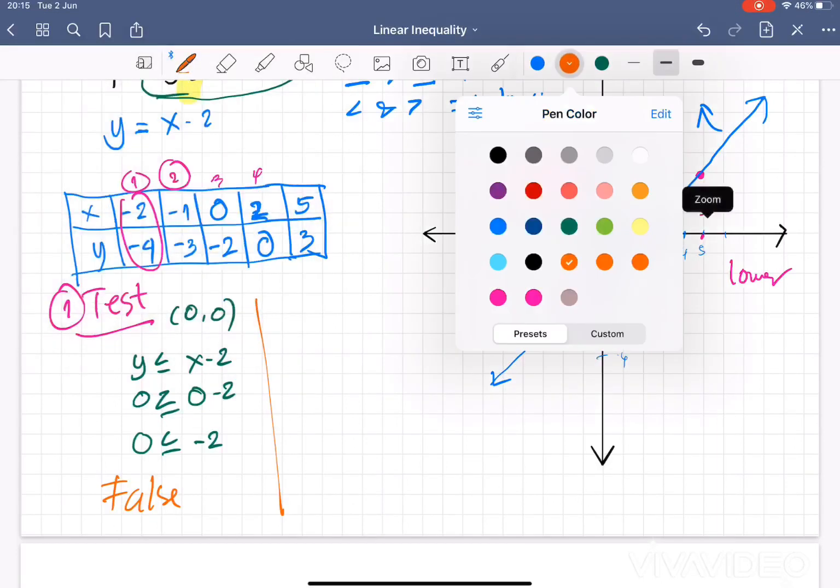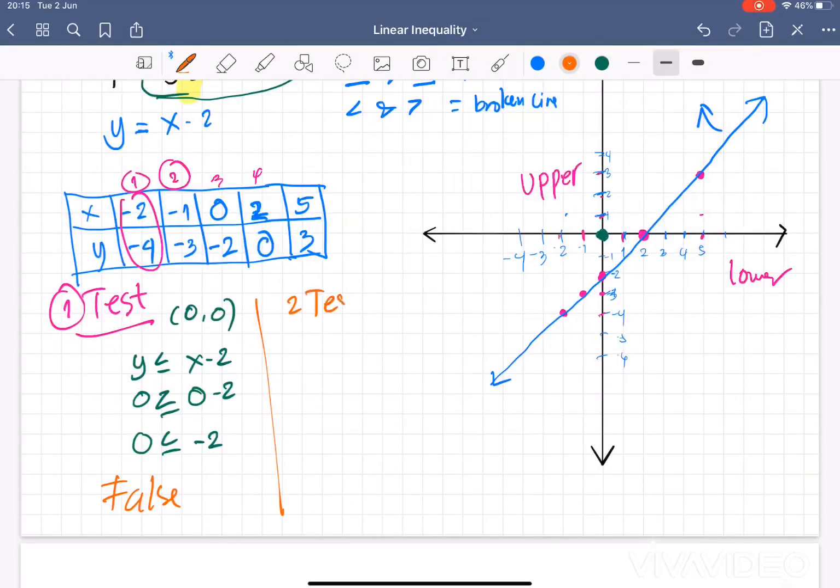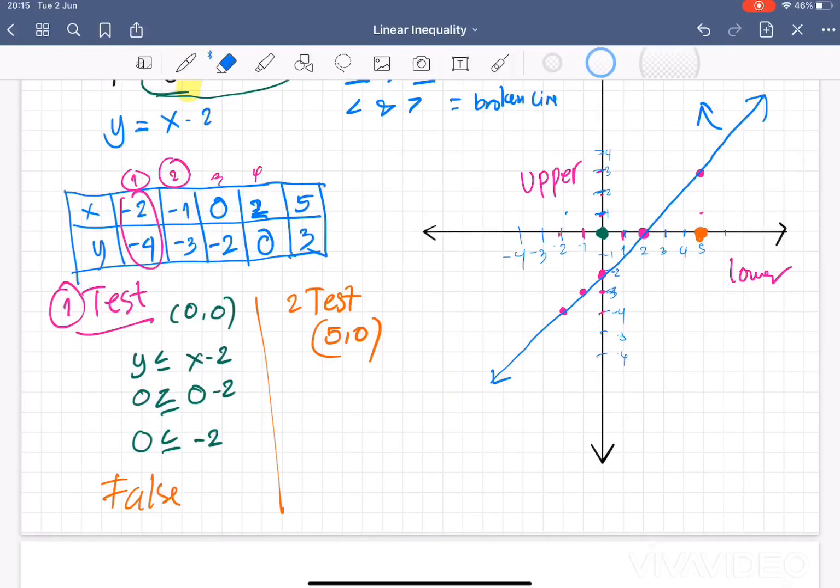So let's say the second test. We will be picking any point in the lower region. So let us say I'll pick this one, that is 5, 0. 5, 0 belongs to the lower region. So let's go back to our inequality.